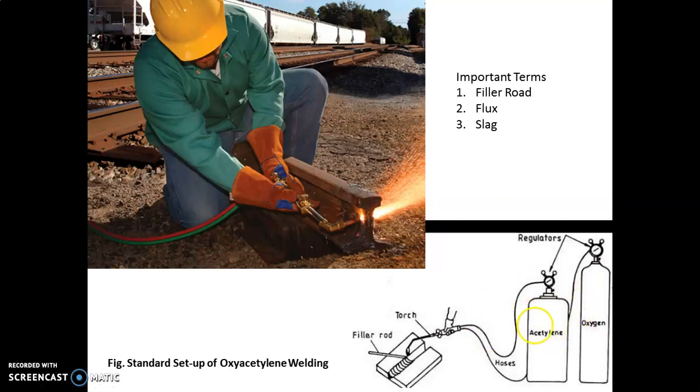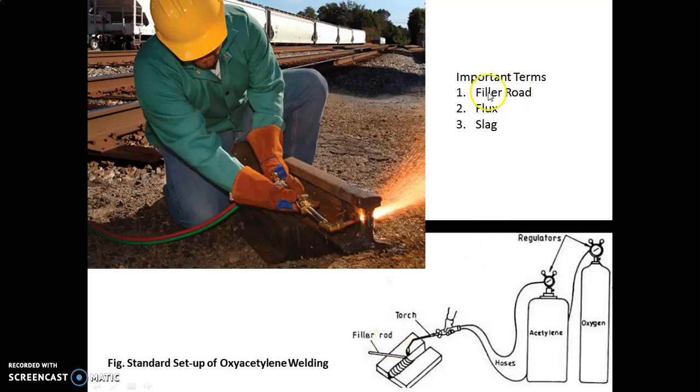The pressure is controlled by the pressure regulators used on the acetylene and oxygen gas cylinders. These gases are passed through hoses to the torch, and from the nozzle tip these gases are supplied at very high temperature on the zone of welding where the filler rod is used.